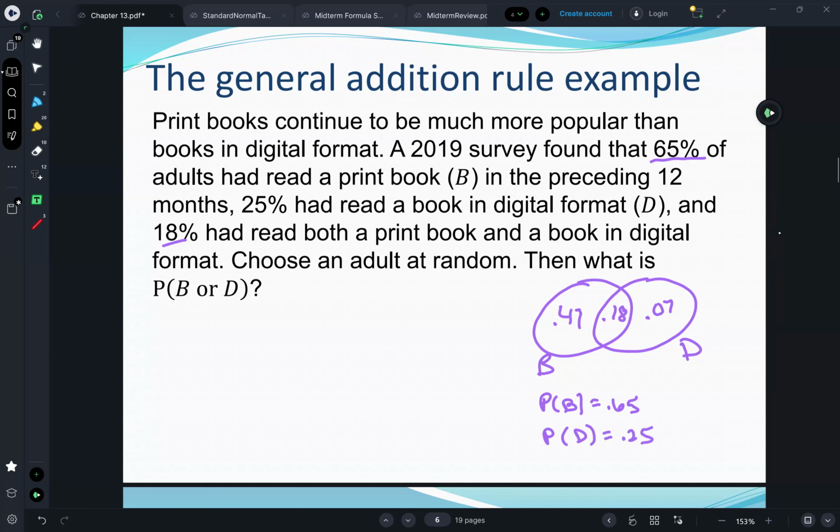When you add them up, we always start from the intersection and work our way out, and then we have all the pieces.